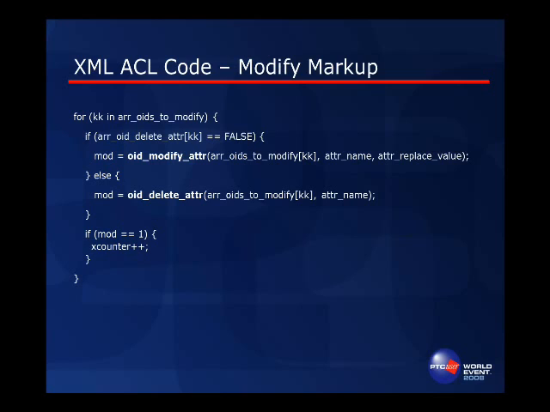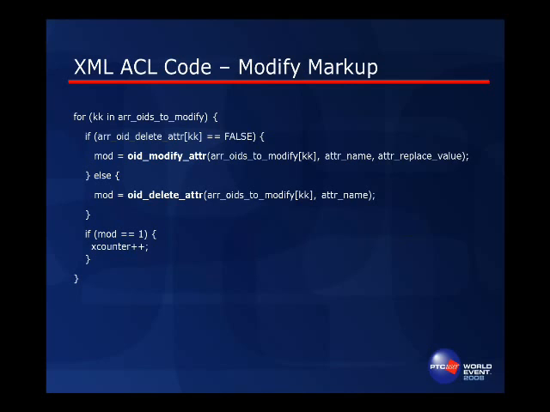Doctype Info. This is about the modify markup. Basically, the sort of central hub of a tool like this is going to do a modify attribute on some particular OID. So what I like to do is actually wrap all that in one big thing.